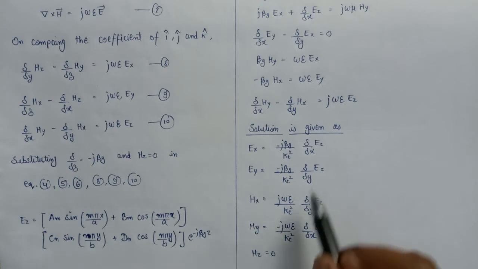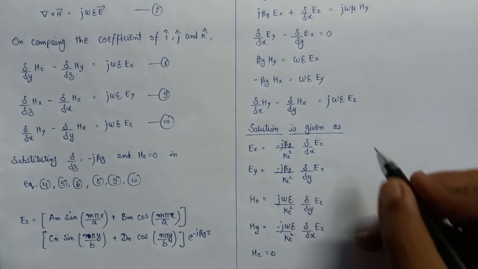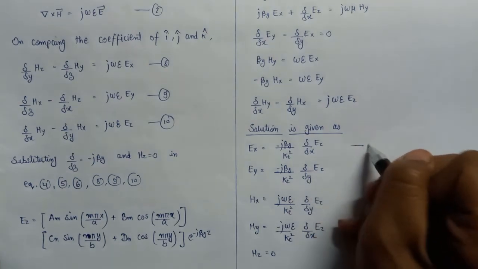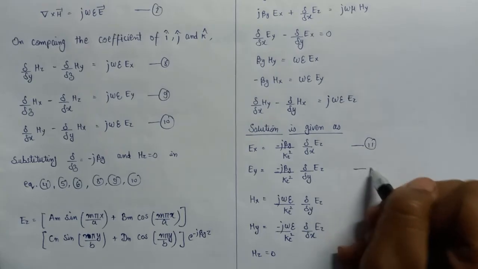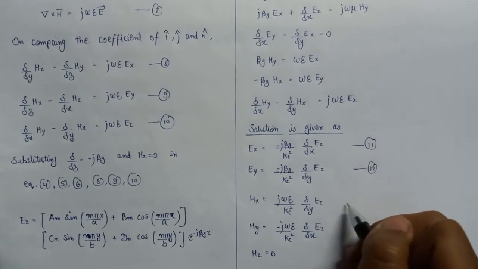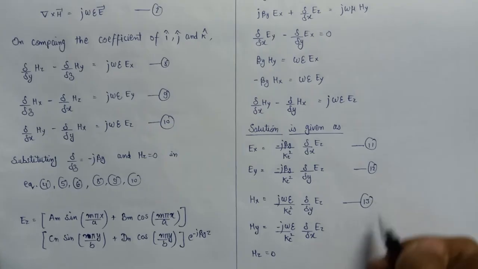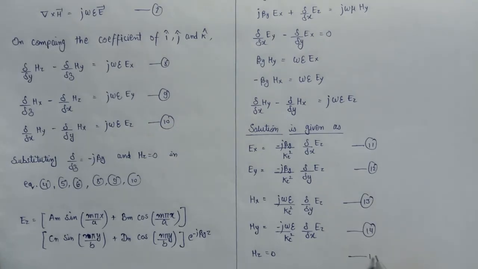So these are the 6 values for the components. Let us give it as equation number 11, equation number 12, equation number 13. Here is equation 14, here is equation number 15, and this is the final equation, that is 16.